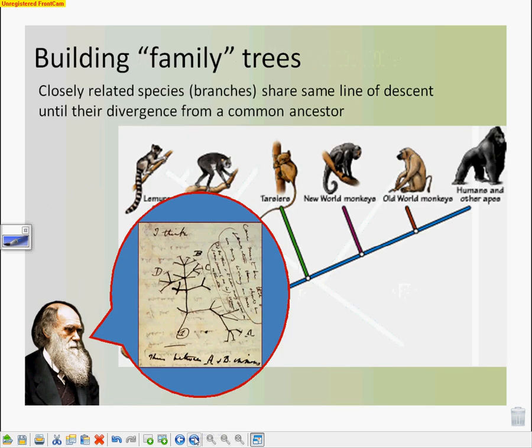And that's exactly what Darwin was trying to do very early on. He was trying to build a family tree, and more closely related species would share the same line of descent until they finally diverge from that common ancestor because a different mutation occurred in their DNA. And that's what we'll be looking at in some of our labs later on in the lesson.